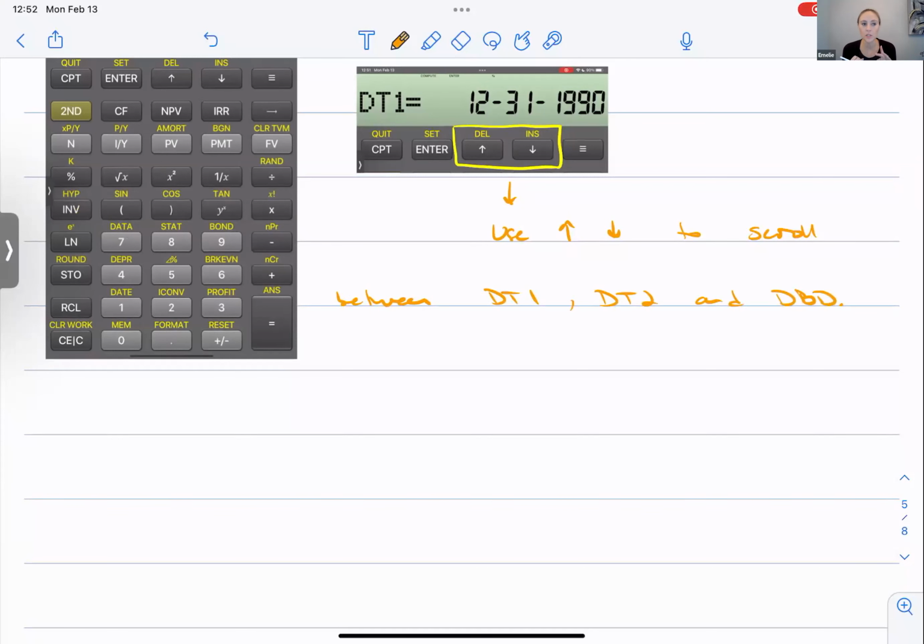What we're going to be able to do is give it 2 inputs, right? And then we tell it to calculate the third, right? So there's 3 slots: date 1, date 2, and days between dates. If we give it any 2 of those 3, we can ask it to calculate the third.